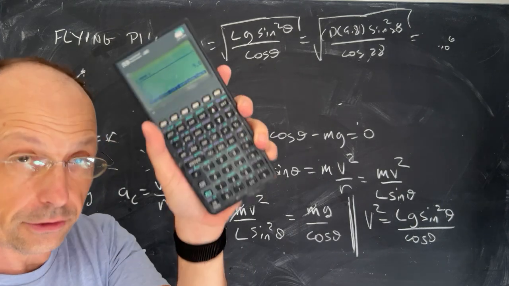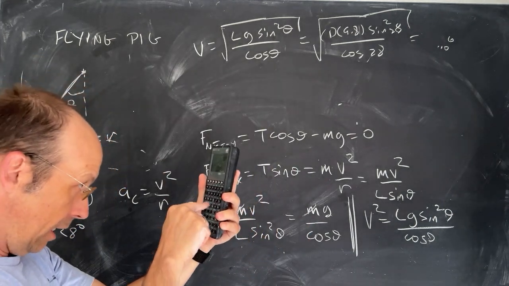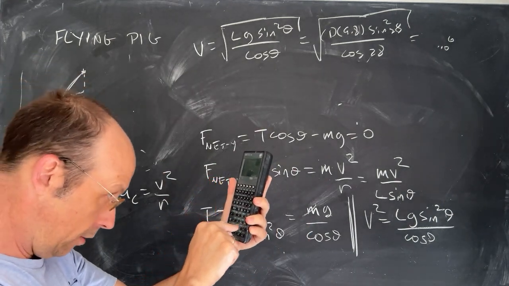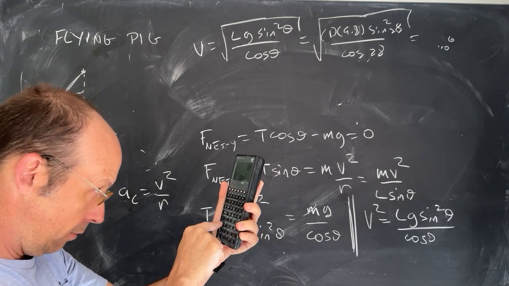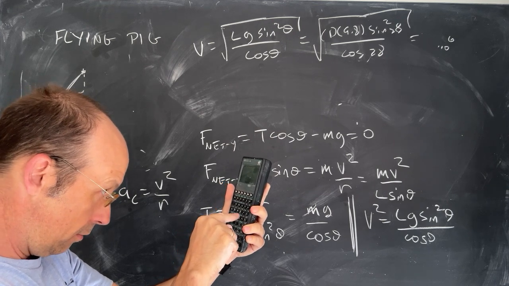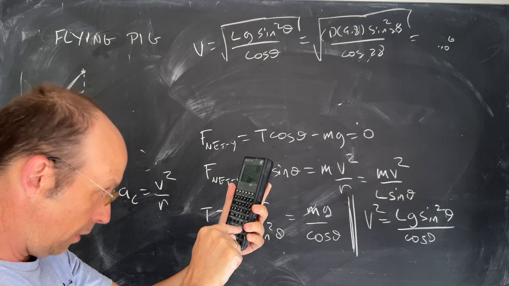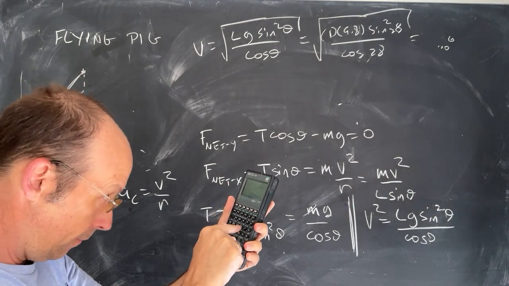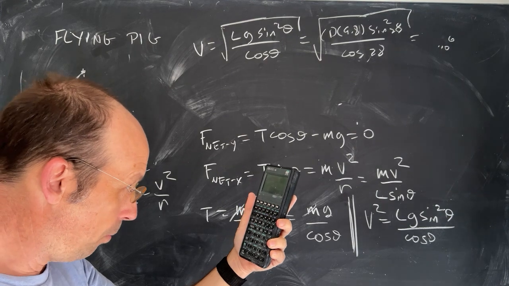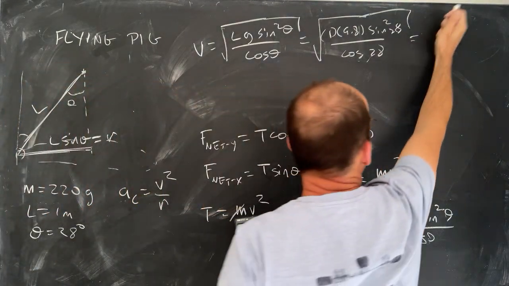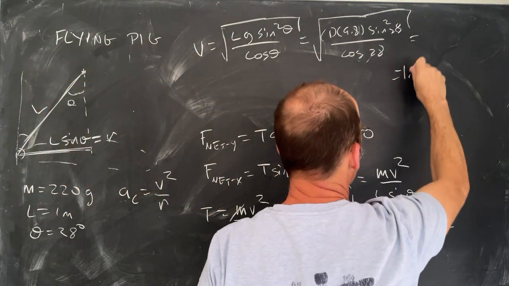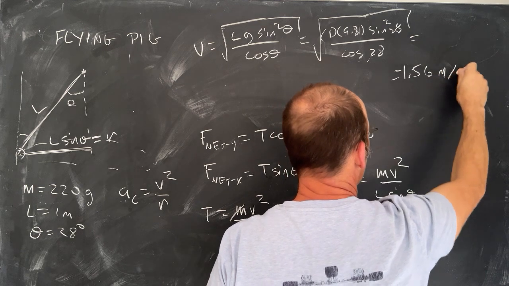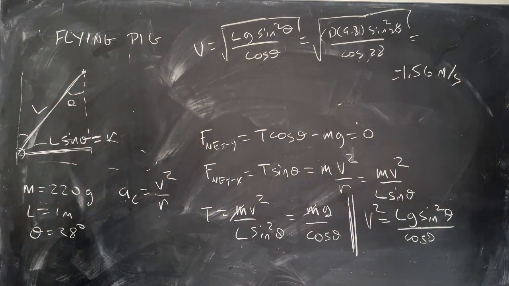Make sure your calculator's in degrees mode. Sine squared. Oops. Times 28 cosine, divided by, square root, 1.56. And that's the speed.